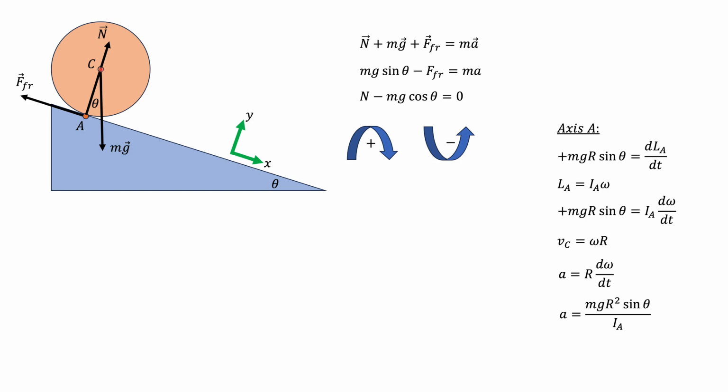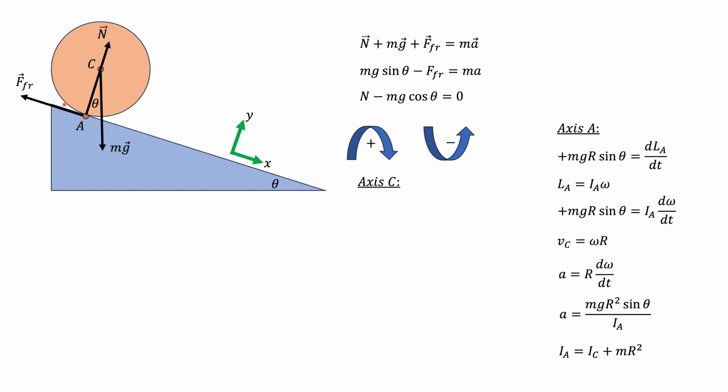But as I previously mentioned, there's a relationship between moment of inertia with respect to axis A and with respect to axis C. So the only requirement for this formula to work is that the direction of A and C should be the same. So A and C should be parallel to each other. This relationship is known as Steiner's theorem.